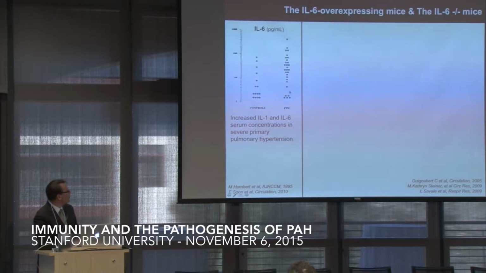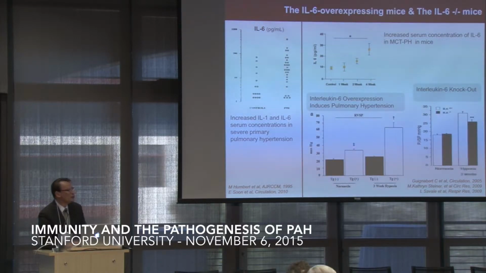20 years ago, in my clinic, we were measuring cytokines, and interleukin-6 and interleukin-1 were quite elevated in most patients. And then in animal models of pulmonary hypertension, for example, monocrotaline-induced pulmonary hypertension, when pulmonary hypertension is developing, interleukin-6 was increasing in the bloodstream.